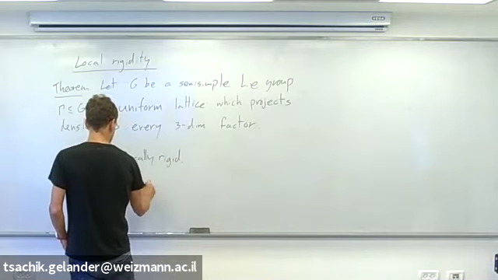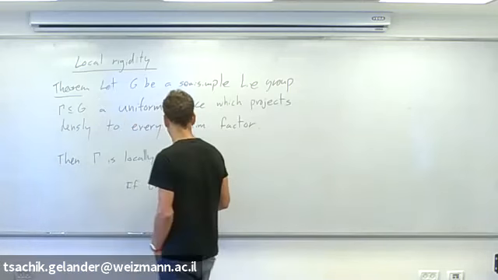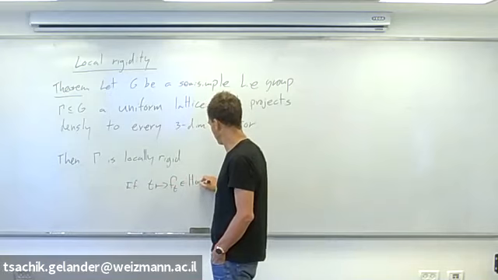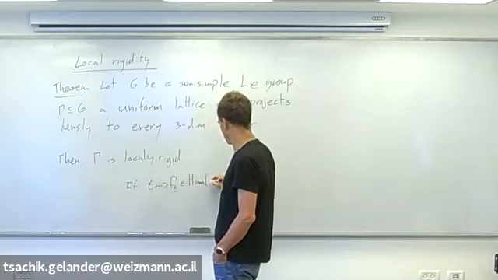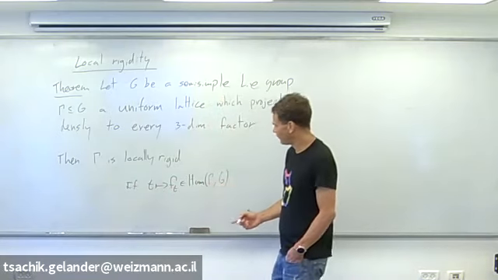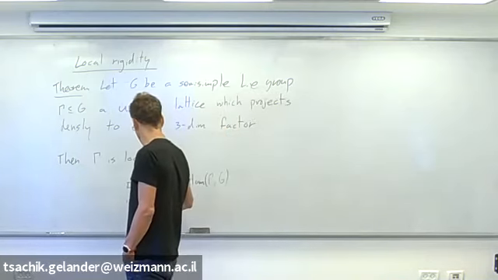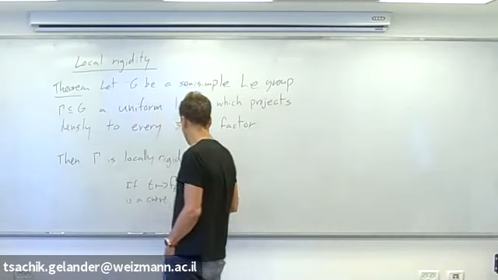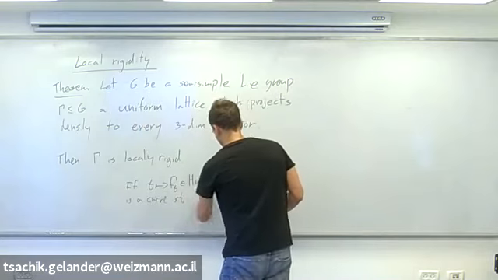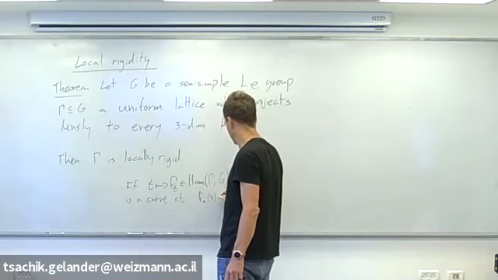If t goes to F_t is a continuous deformation, an element in Hom(gamma, G), this is a topology for the representation variety. So this is a curve such that F_0 is the inclusion, F_0 of gamma equal to gamma.